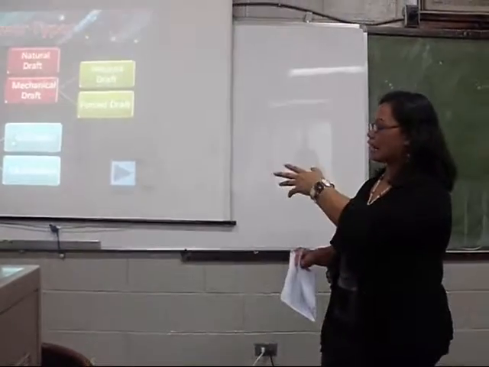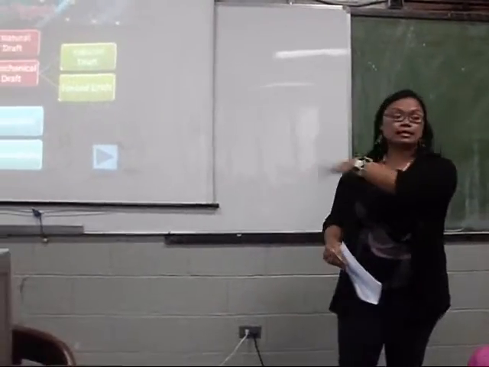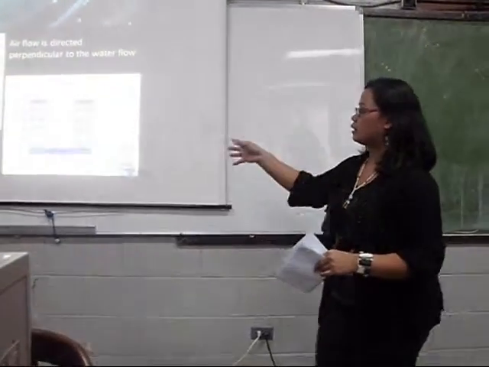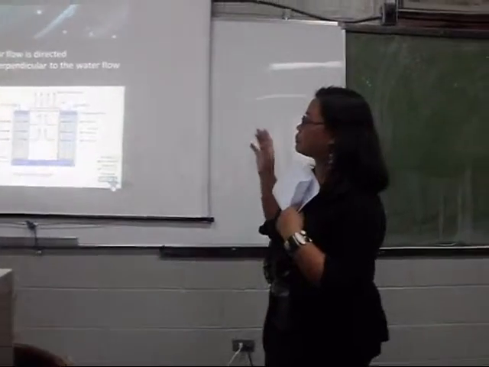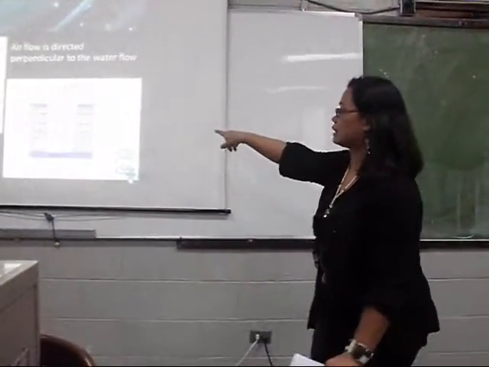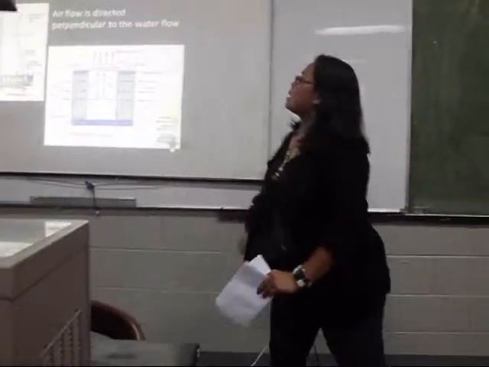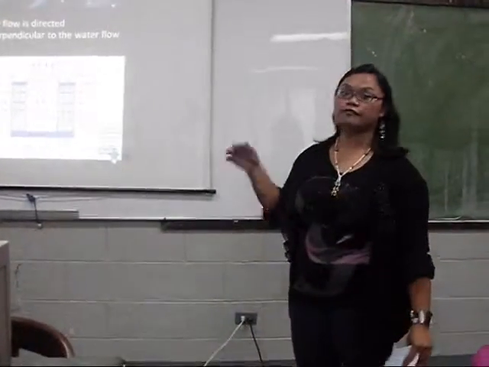Next, by airflow direction, we have the cross flow and the counter flow. For the cross flow, airflow is directed perpendicular to the water flow. As you see in the diagram, the airflow here is directed perpendicular to the water flow.